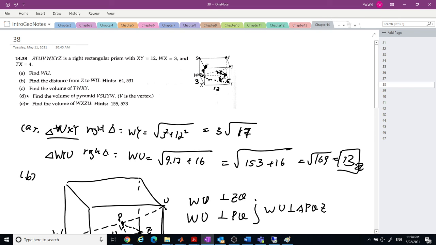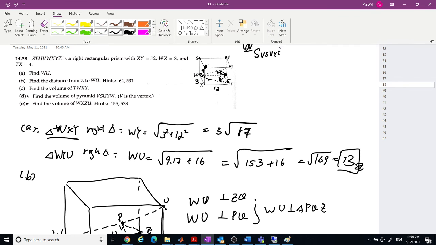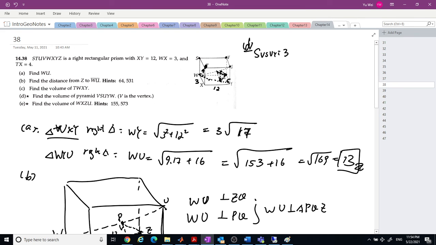Okay, so the VSUY, right? We need to try to solve the VSUY first. So the area of SVSUY is equal to 3 times root 17 times the height 4, is 12 root 17, right?